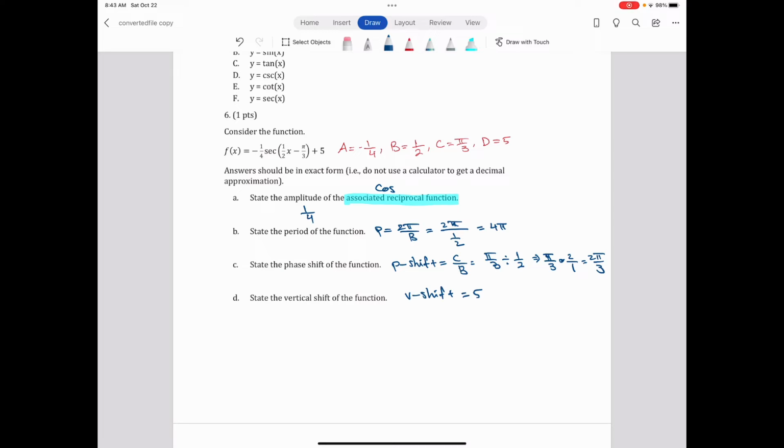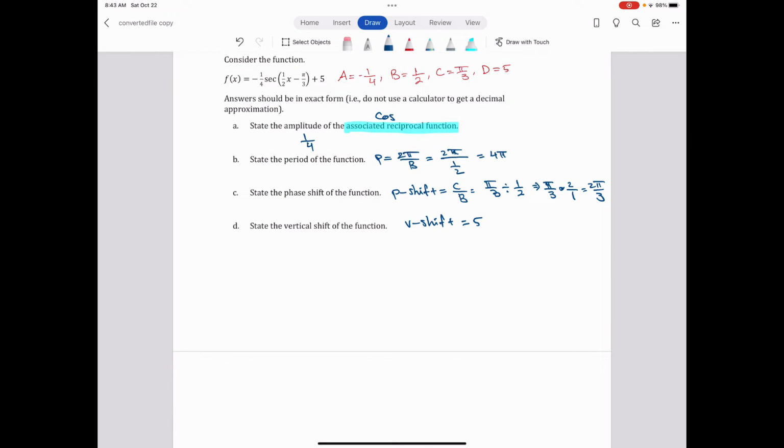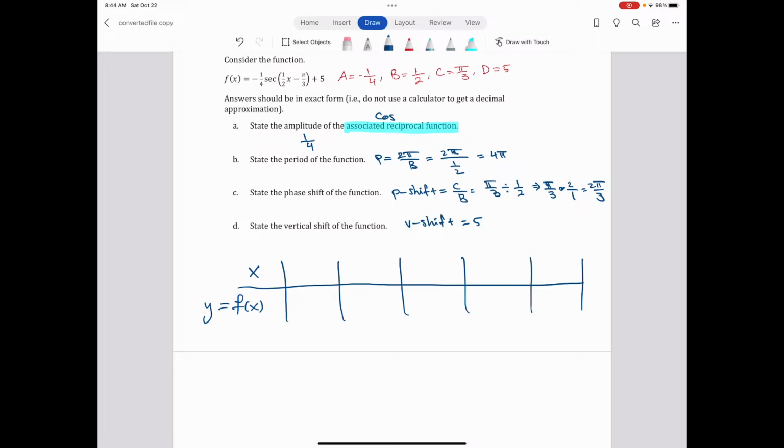Now, before we start graphing, we will create the table of values. So I'm going to start with the original numbers. Here is x, and here is f of x or y. To find the values for x, I'm going to start with 0, and then I'm going to take 1/4 of the period.